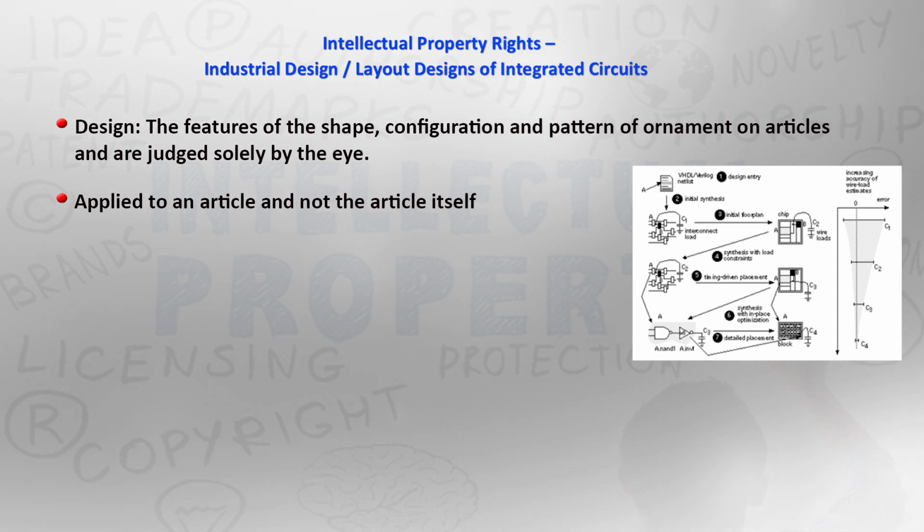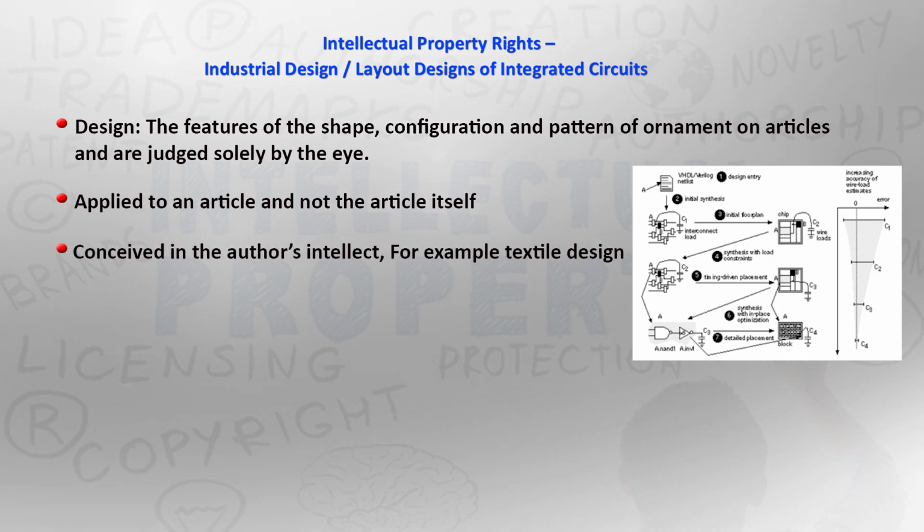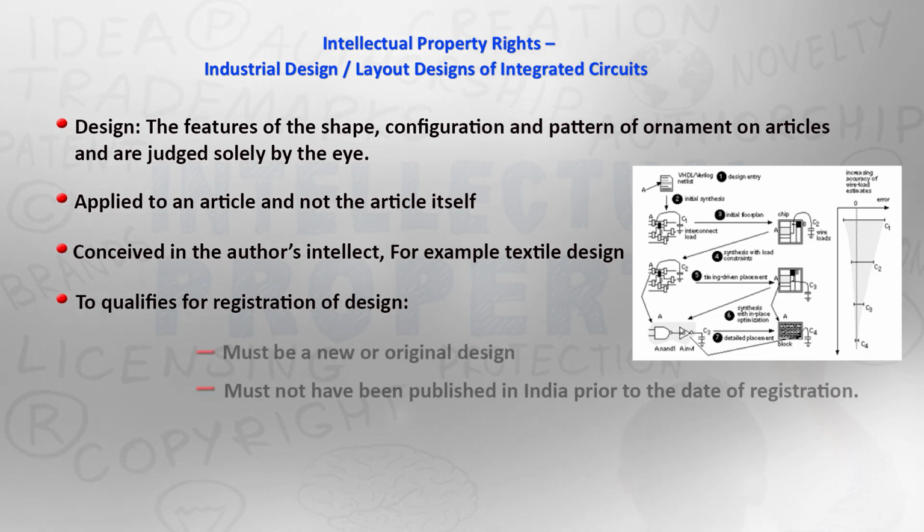So protection is provided to the design on an article, not the article itself, and it is conceived in the author's intellect, for example a textile design. To qualify for the registration of a design, it must be a new or original design and must not have been published in India prior to the date of registration.